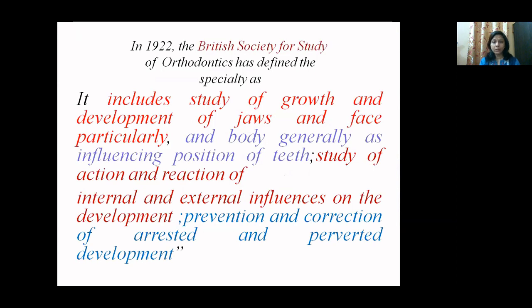It also deals with the study of action and reaction of internal and external influences on the development, prevention and correction of arrested and perverted development. So it is definitely a long definition to remember, and we can break it up into these 3 lines so that we can easily remember it.